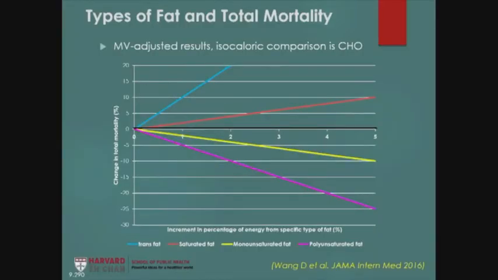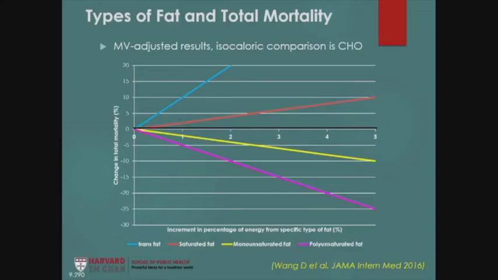So we are able to have these repeated measures of diet. I'm not implying that everybody should do it every 4 years. That interval is a little bit arbitrary, but there are huge advantages to having updated information.